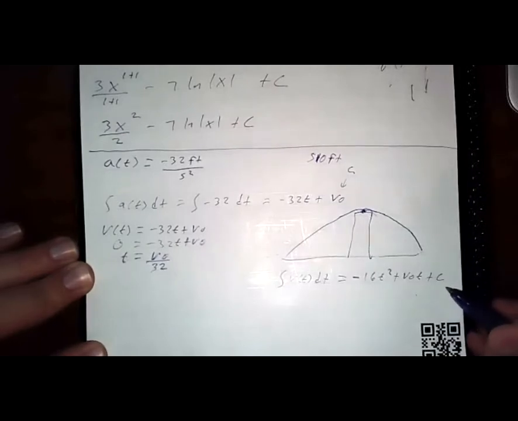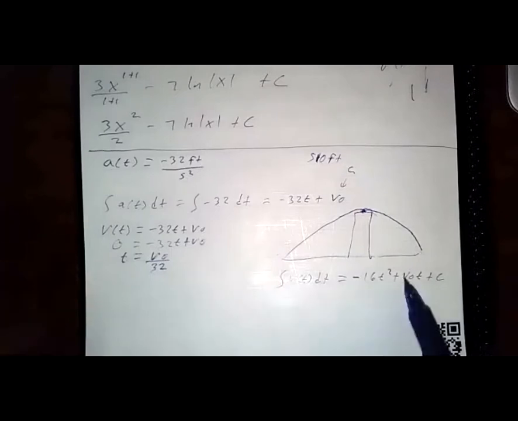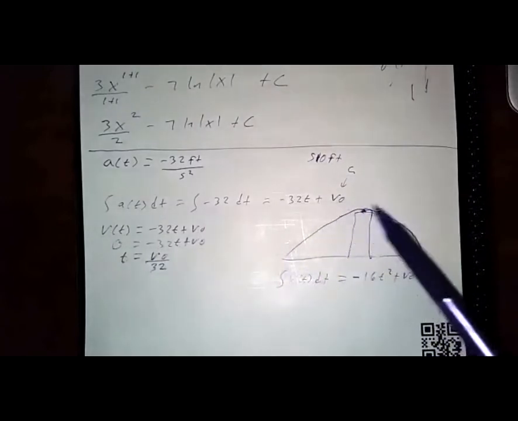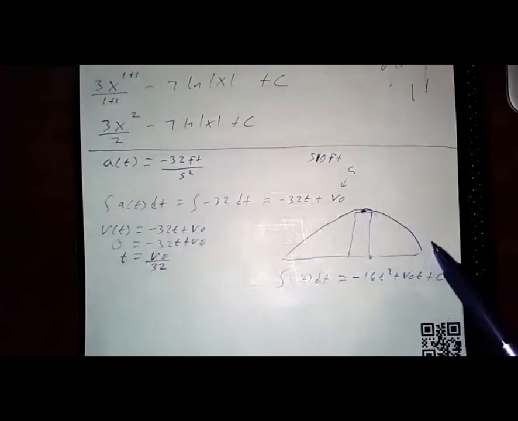But they already told us. C is 0 because we're on the ground. This is the height of where I threw it at. This equation should be very familiar. It's the basic parabolic equation for position. It's measuring this kind of behavior.